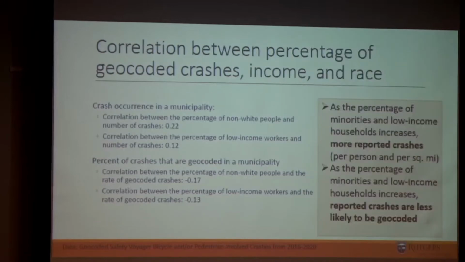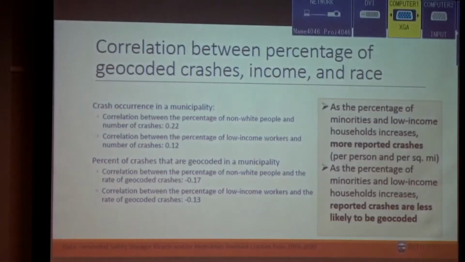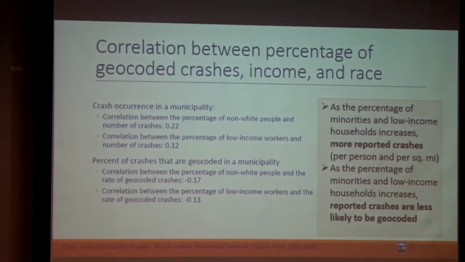So the correlation between the percentage of geocoded crashes, income, and race. The correlation, for example, is 0.2 for non-white people, and crashes. So what we gather from that is that as the percentage of minorities and low-income people increases, there are more reported crashes.